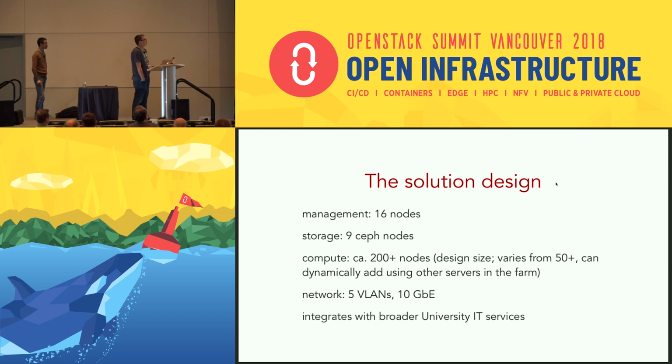So we got 16 nodes where we have a Galera cluster on it. We got 3 nodes of MongoDB in it, where we store metrics from Ceilometer. We got 3 nodes for RabbitMQ, our message queue cluster.